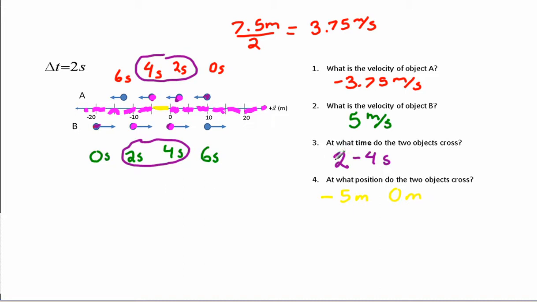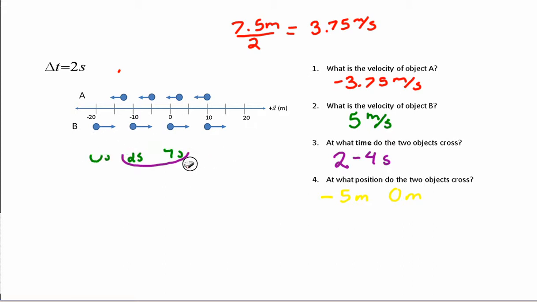So this gives us a range of times that the crossing occurred. This gives us a range of positions. Very quickly, what's a majority of people who are not comfortable with motion diagrams going to say? If we go back and get rid of all this stuff and just look at the initial problem, what question 4 is asking, at what position do the two objects cross, someone who's not comfortable with motion diagrams, I guarantee you, is going to say they cross at 10 meters, because visually that's what looks like what's going to happen.